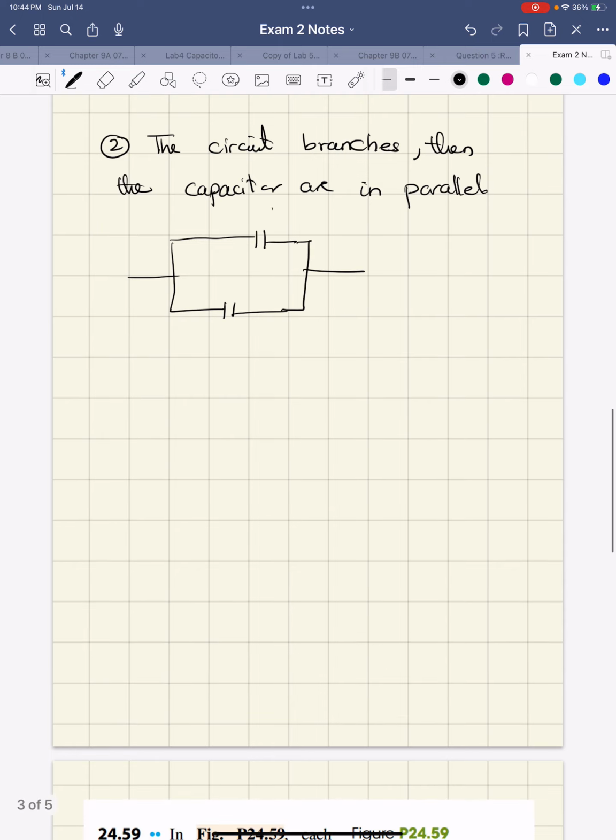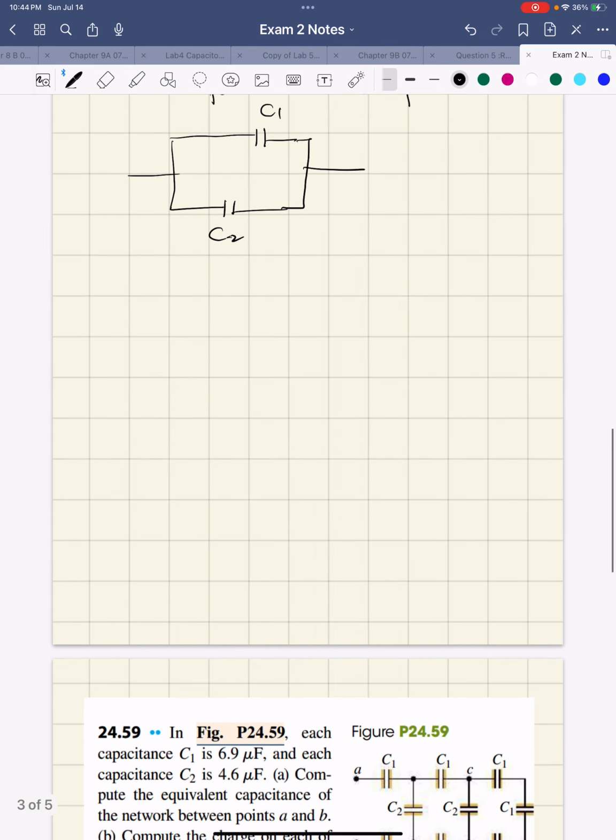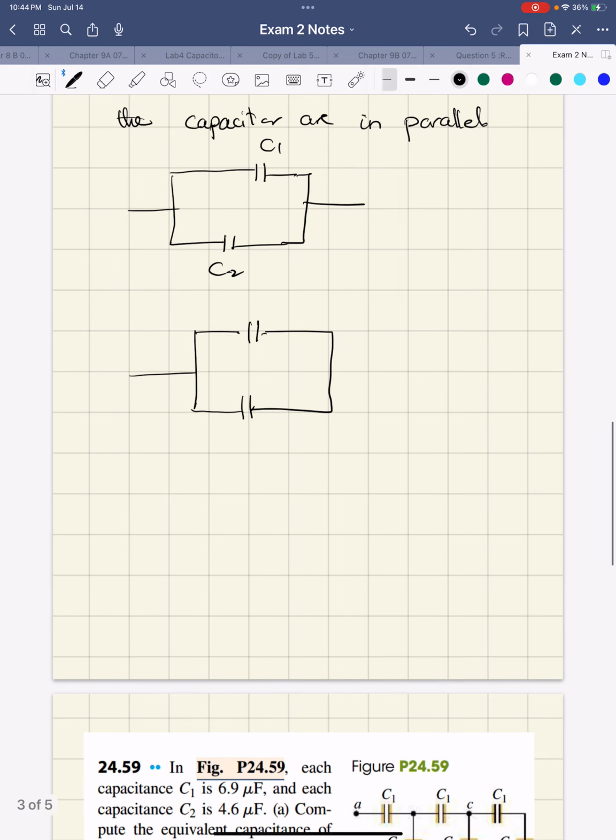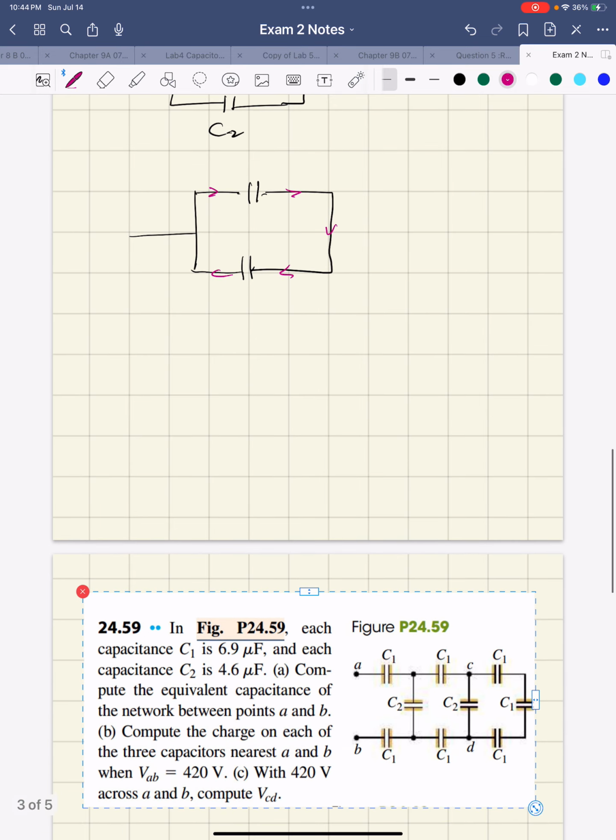All right, then here these two are in parallel. But just remember, if we have something like this, these are in series. Look here what's happening. Here the current is gonna split and combine again, but this one is not branching, it's the same route.